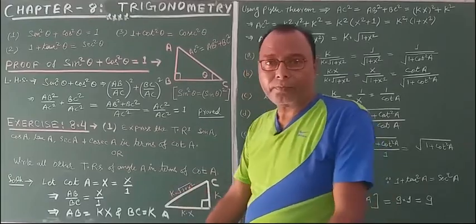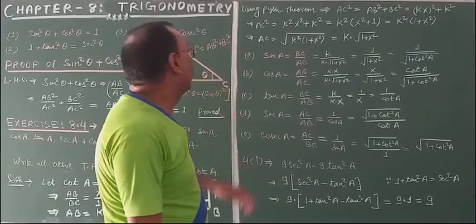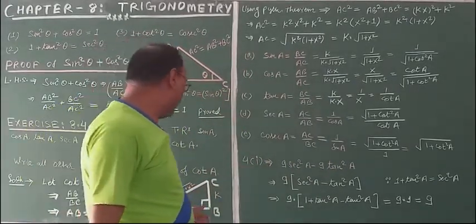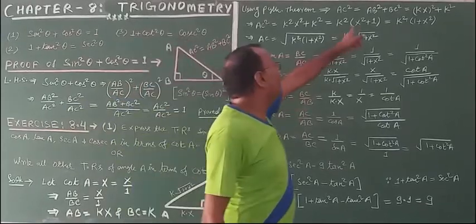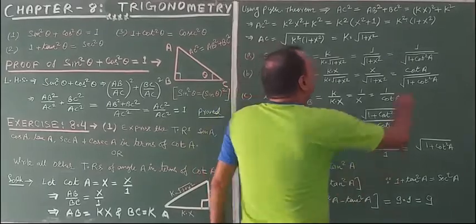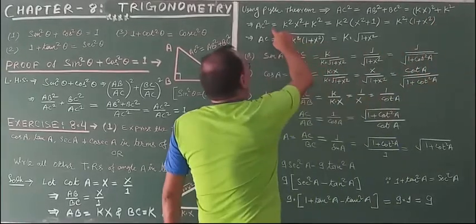Now using Pythagoras theorem in this triangle, what will happen? AC square is equal to AB square, base square, plus perpendicular square, that is kx whole square plus k square. Now you will open this.